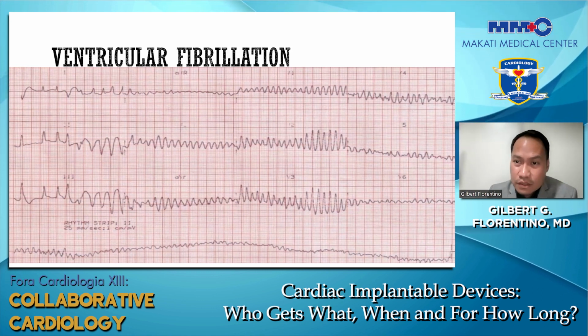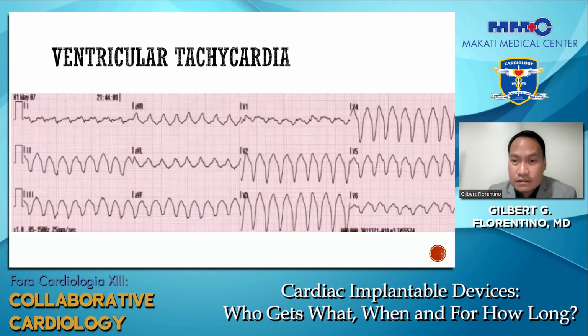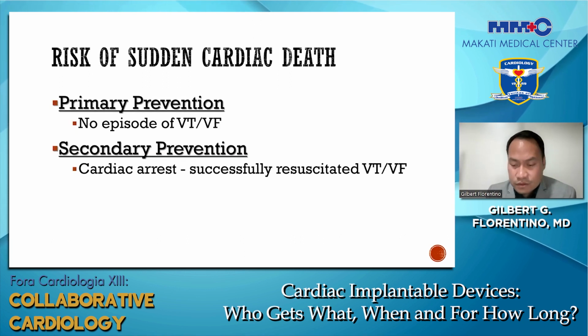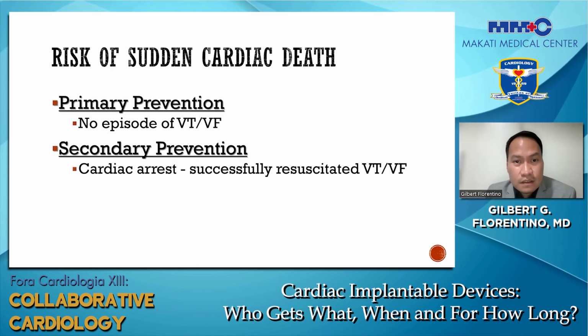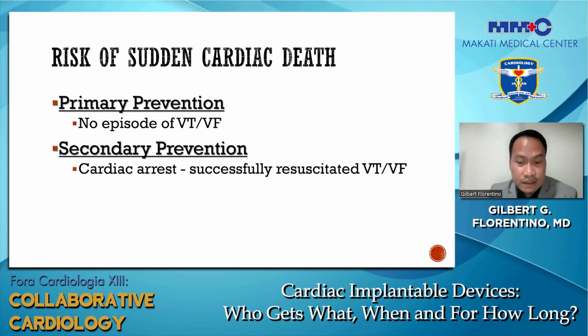We require immediate defibrillation. On the other hand, we have ventricular tachycardia, stable or unstable. The risk of sudden cardiac death is the main reason why we're talking about ICD, and the single most important risk factor for sudden cardiac death is a very low ejection fraction, which is 35 in this specific case.